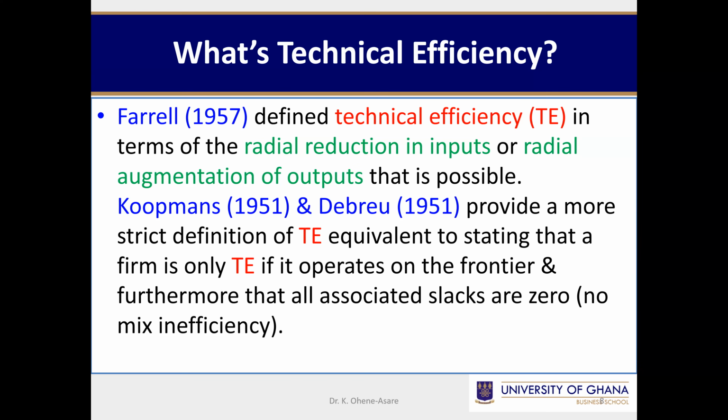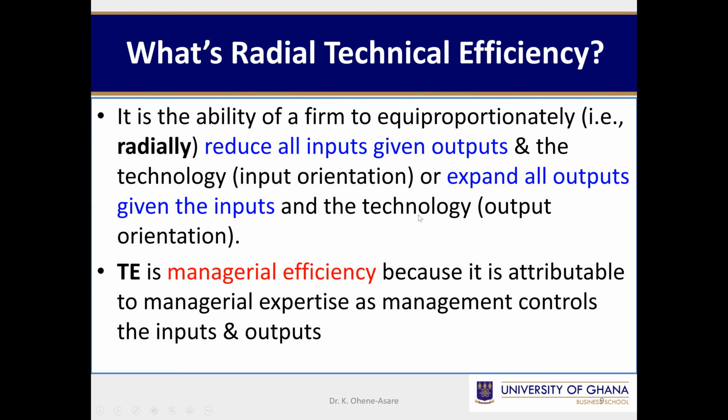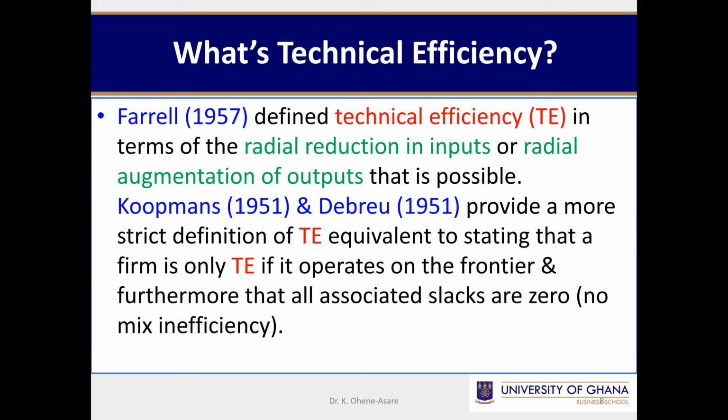So technical efficiency is managerial performance. So when we say that you are not efficient, we are not talking to the inputs and the outputs that were used. We are talking to the management. It's a managerial efficiency and hence a managerial inefficiency. It's a very, very important point for you guys to know.